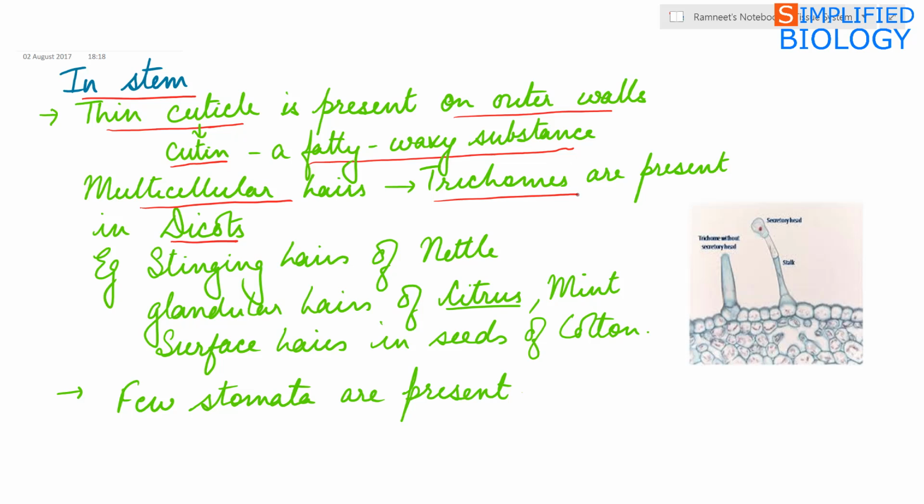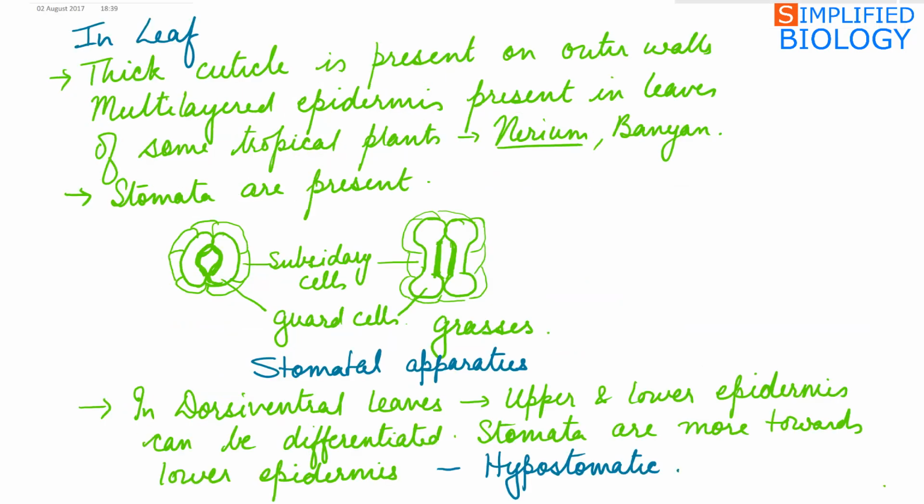The best examples of which are the stinging hairs of nettle, glandular hairs of citrus and mint. Now, epidermal hairs can also be seen on the surface of the seeds of cotton. Present in the stem are few stomata.